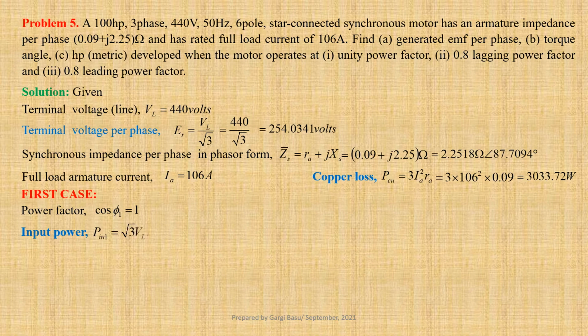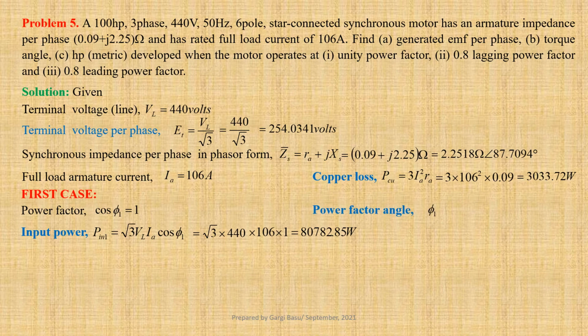First case, when power factor cos phi 1 equals 1, input power P in 1 equals root 3 times VL into IA cos phi 1. Using values we get root 3 into 440 into 106 into 1, that gives us 80,782.85 watts. Let us now determine power factor angle.